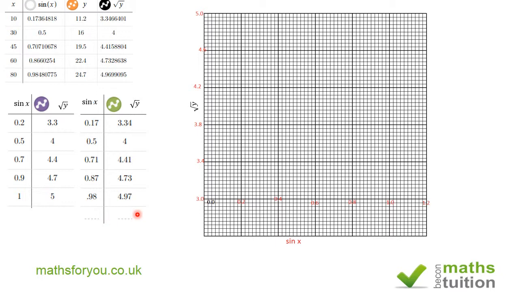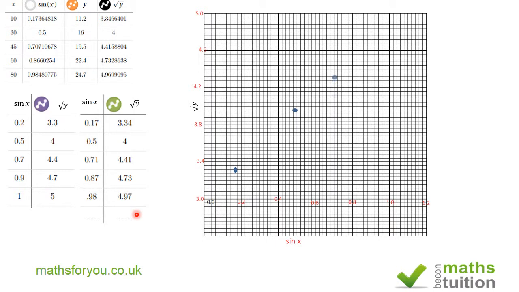The joy of this type of question is that for each answer you have a lower value and an upper value. So as long as you're within that range, you should be okay. My first point is this one here, 0.17 and 3.34, and the second point will be 0.5 and 4, which is that one there.